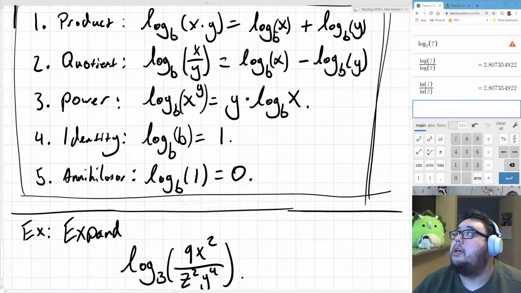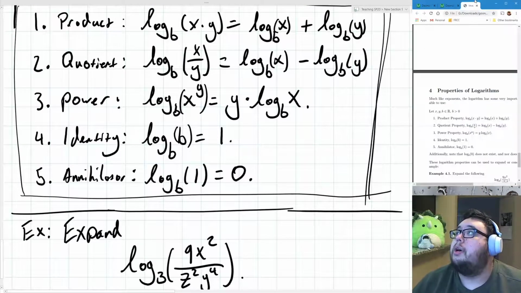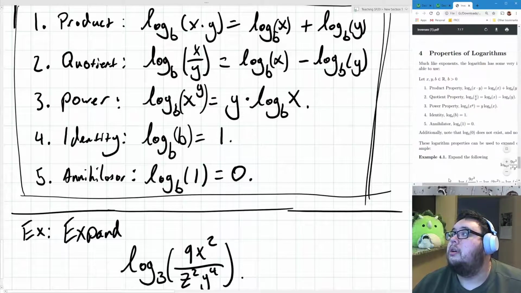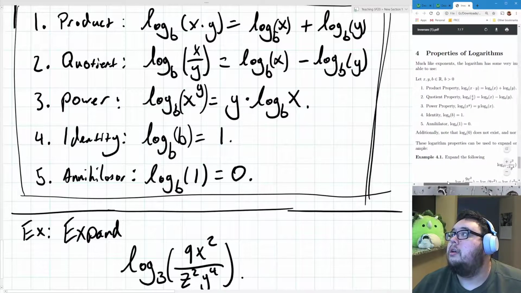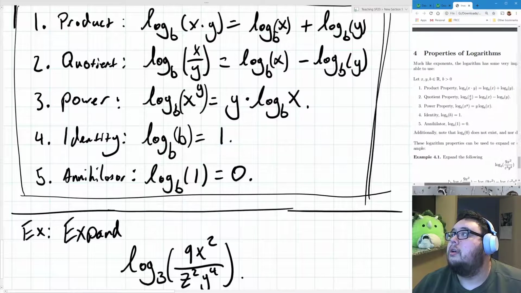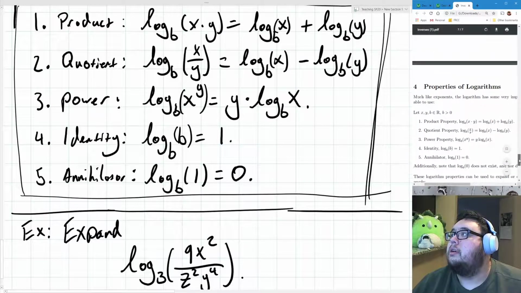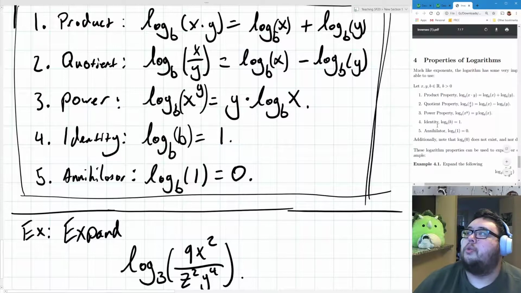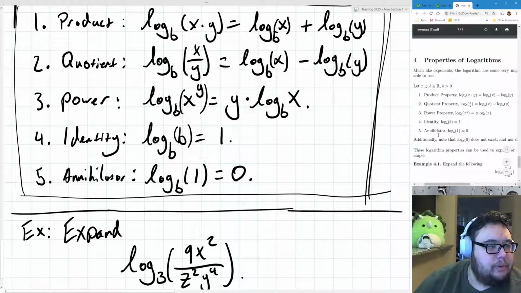Actually, I'm going to go ahead and pull these properties up into this window here. Are those readable at all on the stream?